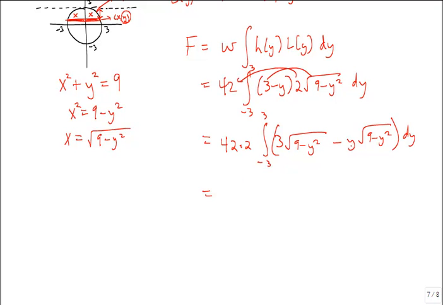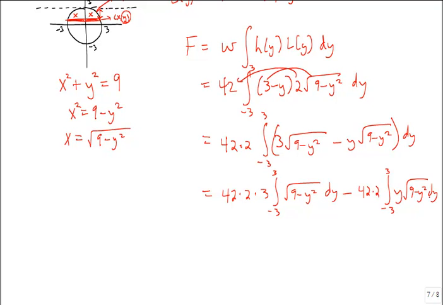If I break up these two pieces into 2 different integrals, then this first one will be 42 times 2 times that 3 pulled out times the square root of 9 minus y squared dy from -3 to 3, minus 42 times 2 times the integral from -3 to 3 of y times square root of 9 minus y squared dy.